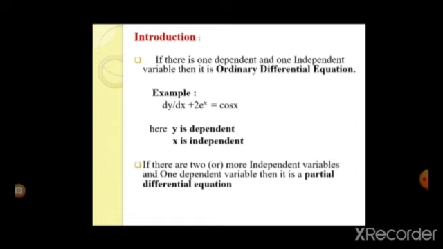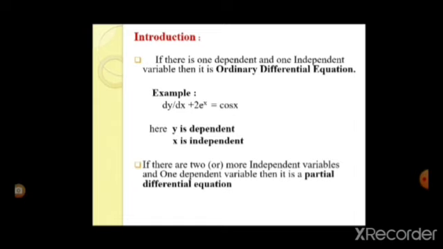Coming to the example, here we have an ordinary differential equation, that is dy by dx plus 2 into e power x equal to cos x. Here in dy by dx, we have two variables, that is x and y.